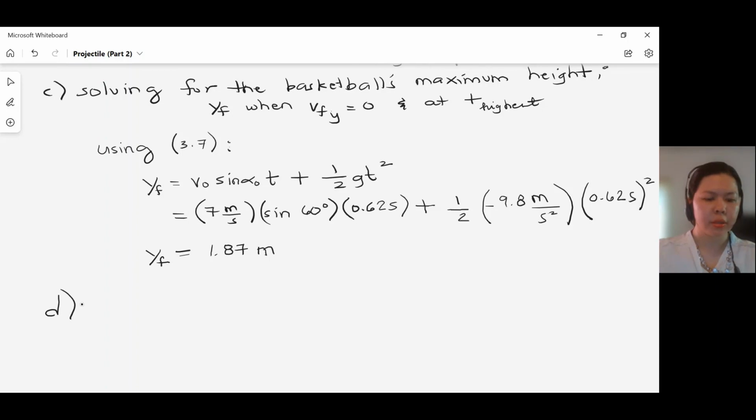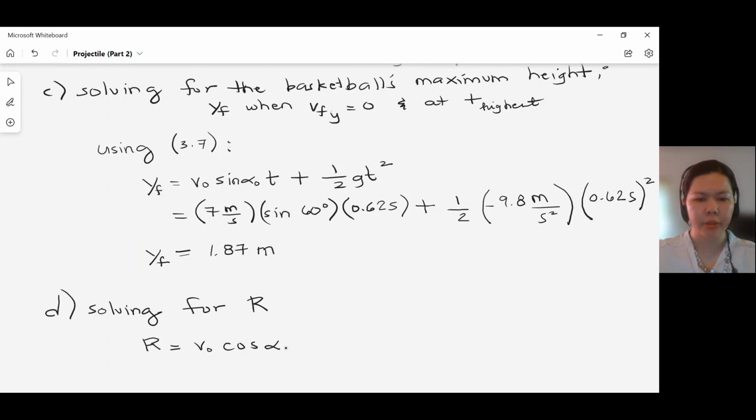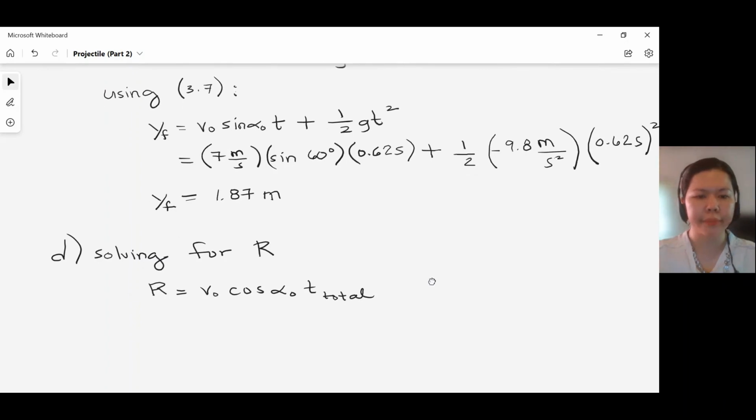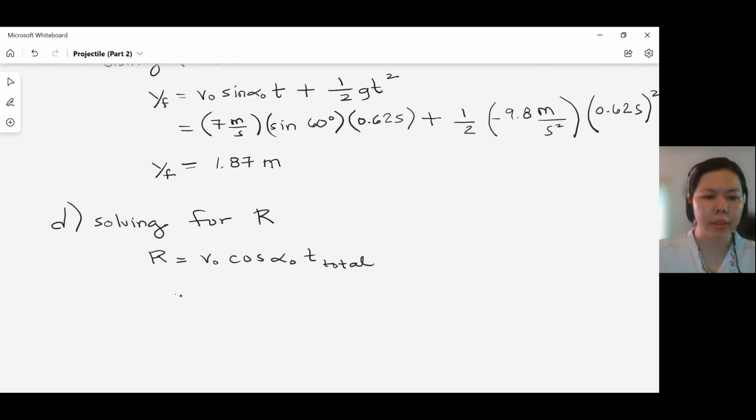And lastly, letter D, solving for the range R. We have the equation 3.11: R is equal to V naught cosine alpha naught times T, the total time in air, from the point where it was released vertically, going back to that same height but different x.